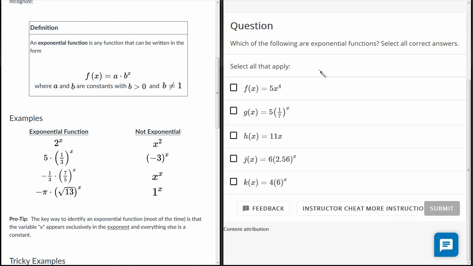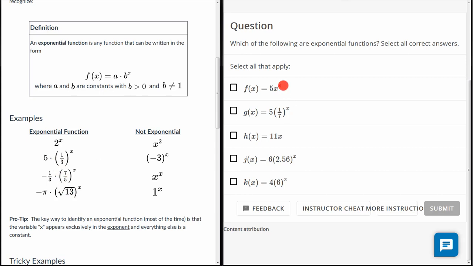Okay, so I've changed problems, so we've got a new problem here. It's the same idea, identify exponential functions. So let's go through this one by one. This is not an exponential function, because an exponential function is where the variable is in the exponent and everything else is a constant.